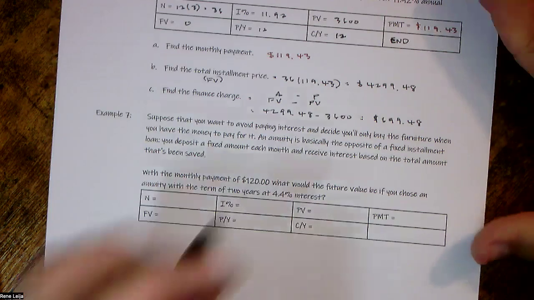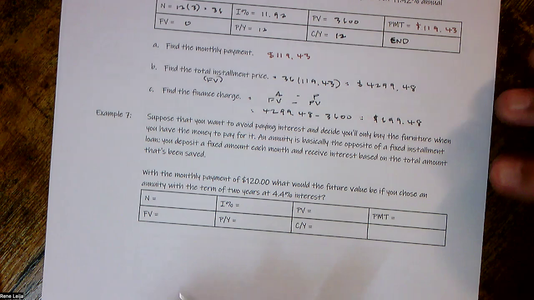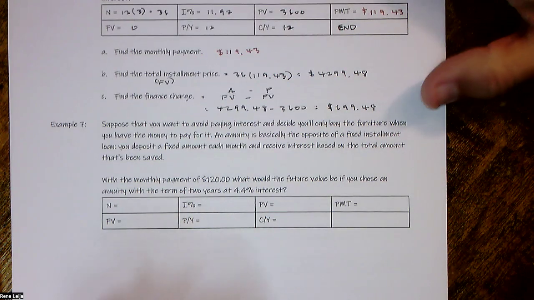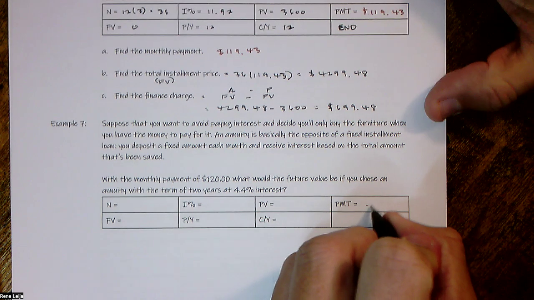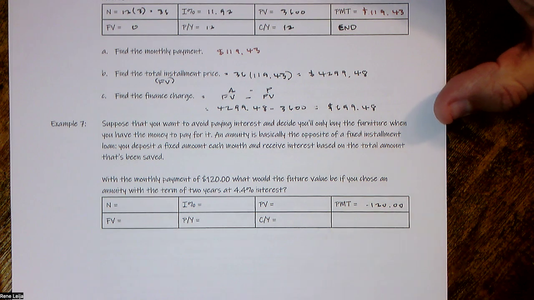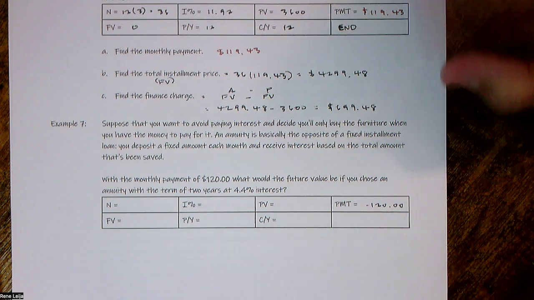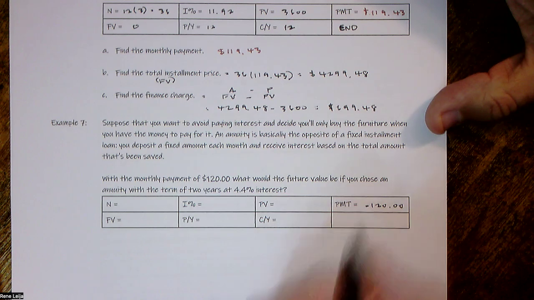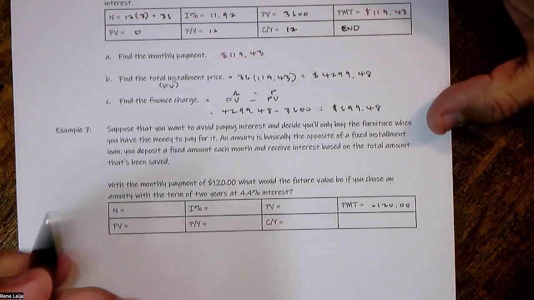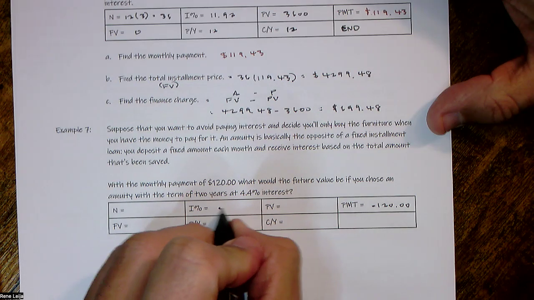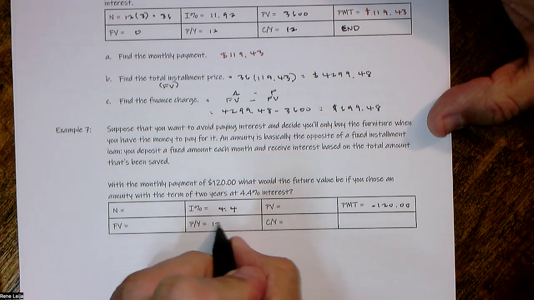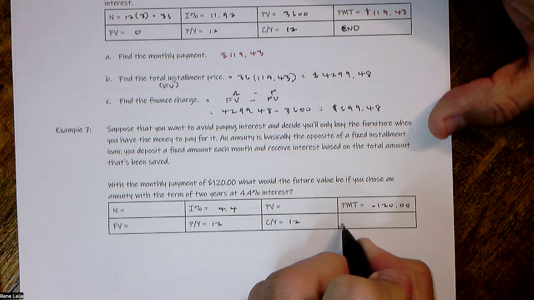Since we are told that we're going to be making $120 monthly payments, that's going to be minus 120. And remember, I told you how sometimes you're going to have to put in the negative sign, and this is where you're going to have to do it. I know that my interest rate is 4.4%. We're making monthly payments, so my PY and CY are both going to be 12.